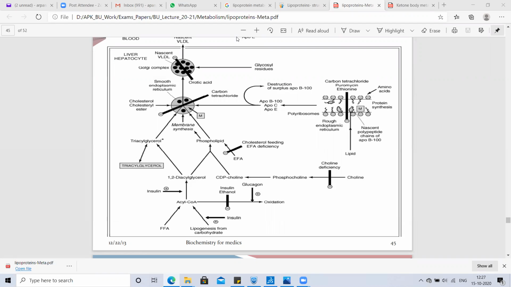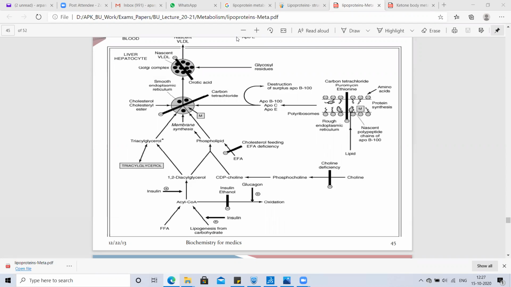All the processes actually took place simultaneously. The protein part, ApoB100, ApoC, and ApoE, is synthesized through the rough endoplasmic reticulum translation process. This ApoB100 can be catabolized to give amino acids, or ApoB100, ApoC, and ApoE can be utilized for the synthesis of VLDL.